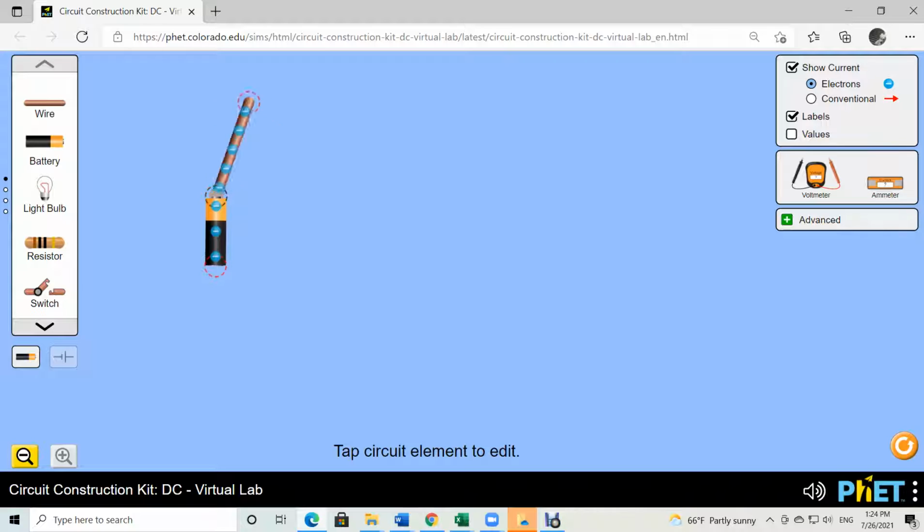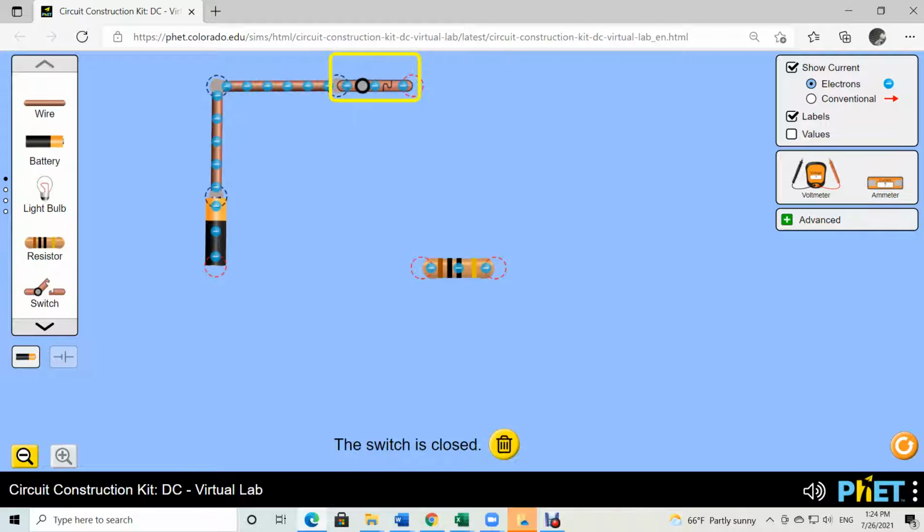Here you go. If I want to put a resistor here, I also have a switch. Just to give you an example, it's not exactly what we want to do. Okay, the switch can be either open or closed.